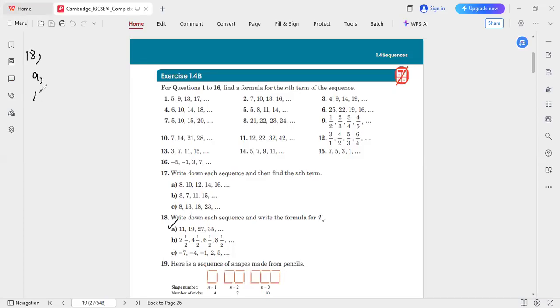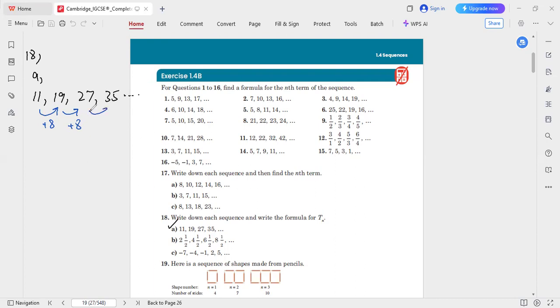We have the terms as 11, 19, 27, and 35. So let's find out what the common difference is between these terms. First of all, in 11, I need to add 8 to get 19. In 19, I need to add 8 to get 27.